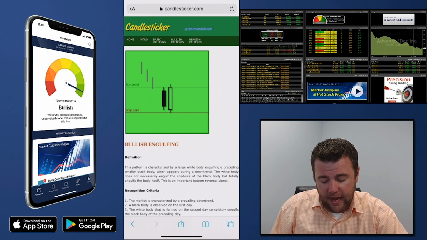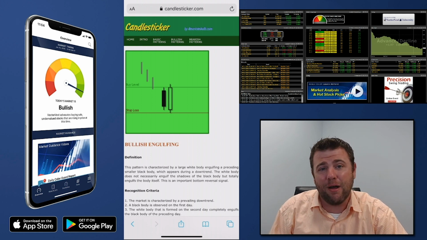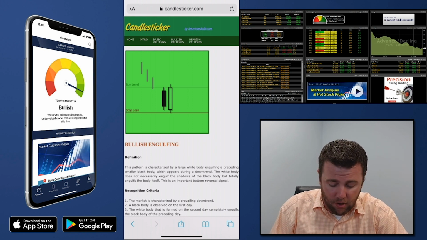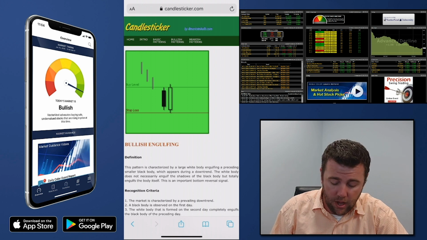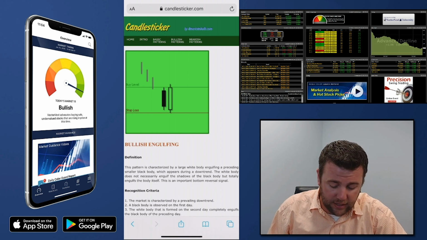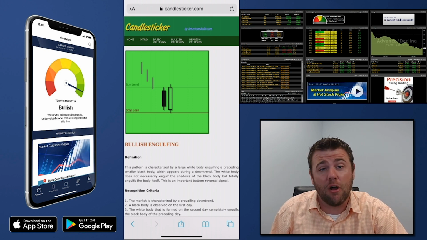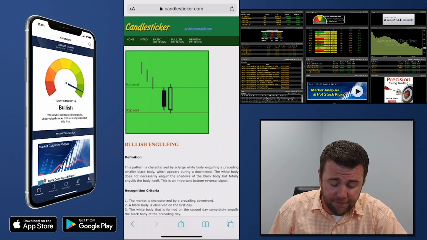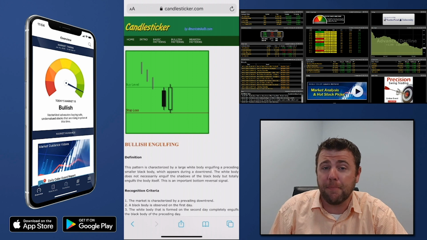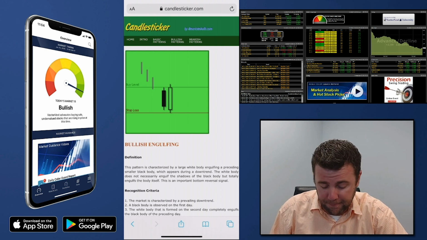But then the next day you have a big up day that engulfs the previous down day. So the whole body, the open to close, covers the whole entire previous day's down candle. This is a great reversal sign. It shows a lot of strong buying, a pretty strong reversal sign as well. So this is another very popular pattern to keep an eye on here.